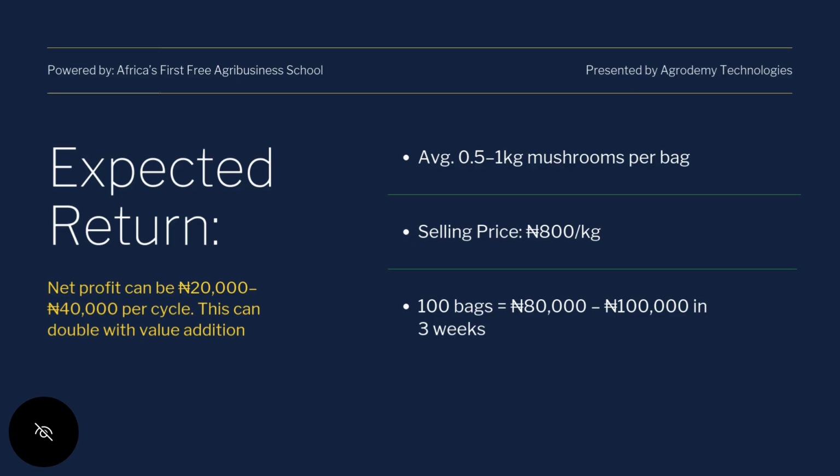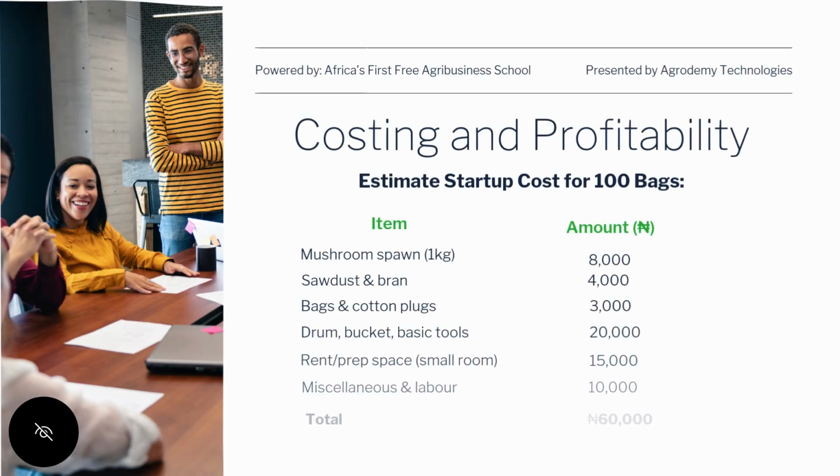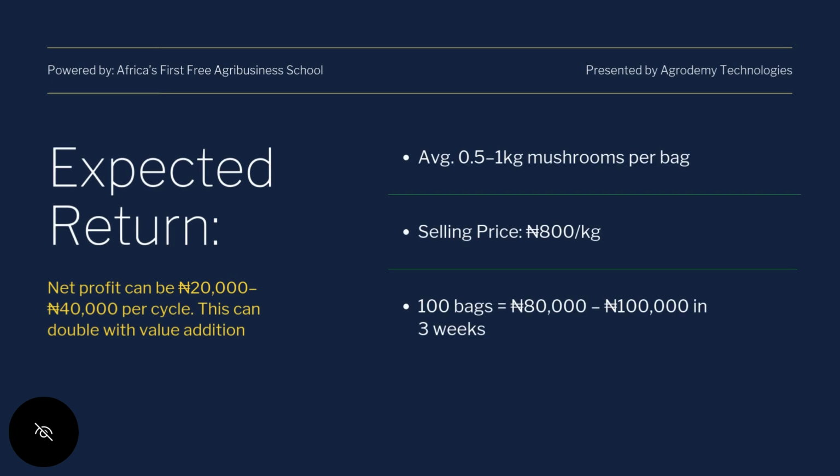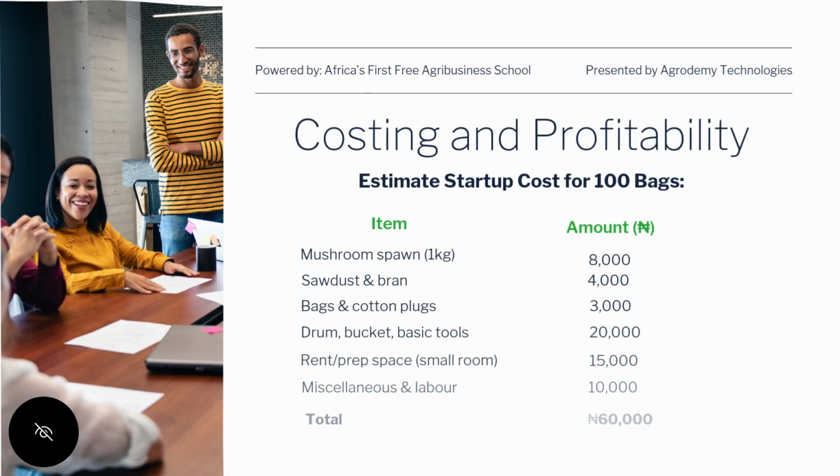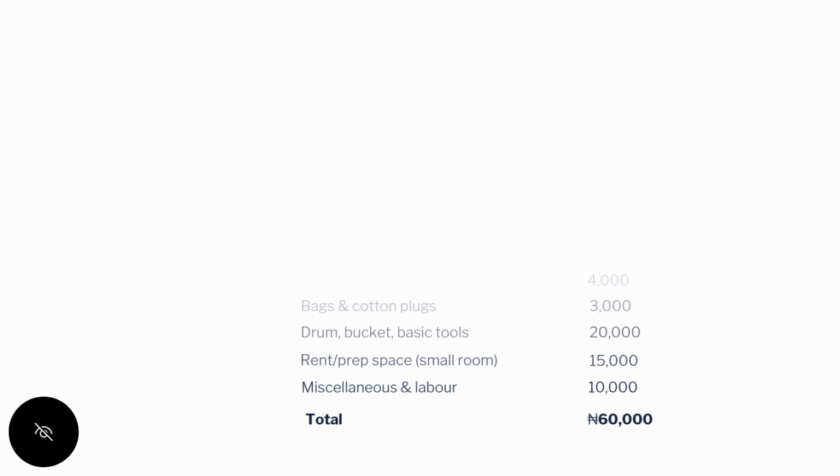But this can double if you are into value addition, if you're making mushroom flours, mushroom teas, or mushroom snacks. So typically, yes, that's how we do it. That's how you think about your returns, your costing and profitability.